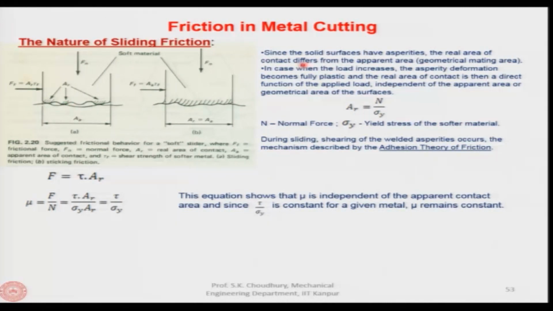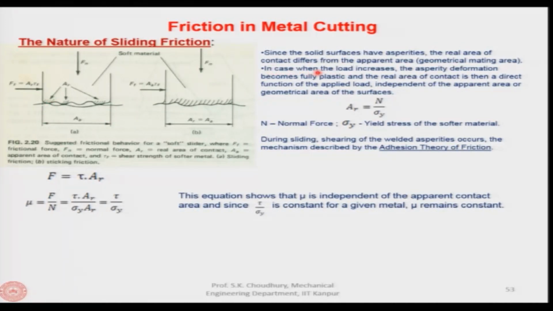Here, since the solid surfaces have asperities, you can see the real area of contact shown here. It is the area of the asperities on which the two surfaces are meeting. This differs from the apparent area, which is the geometrical mating area that depends on the size of the parts.